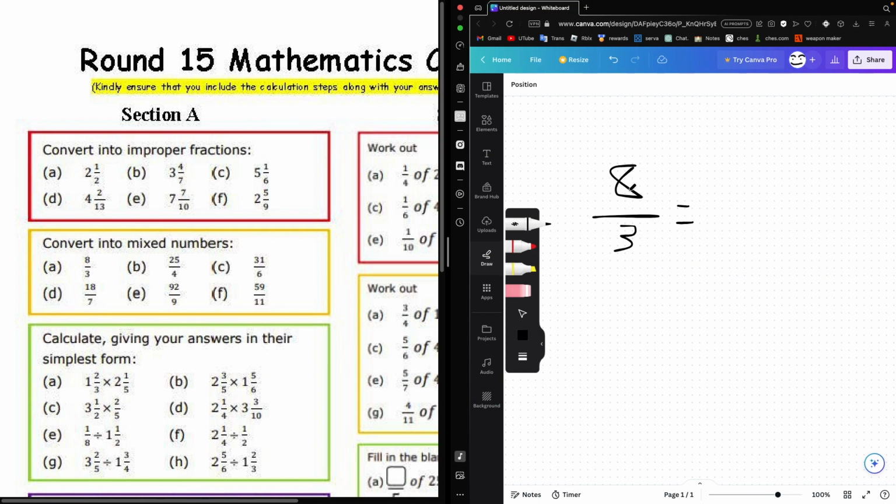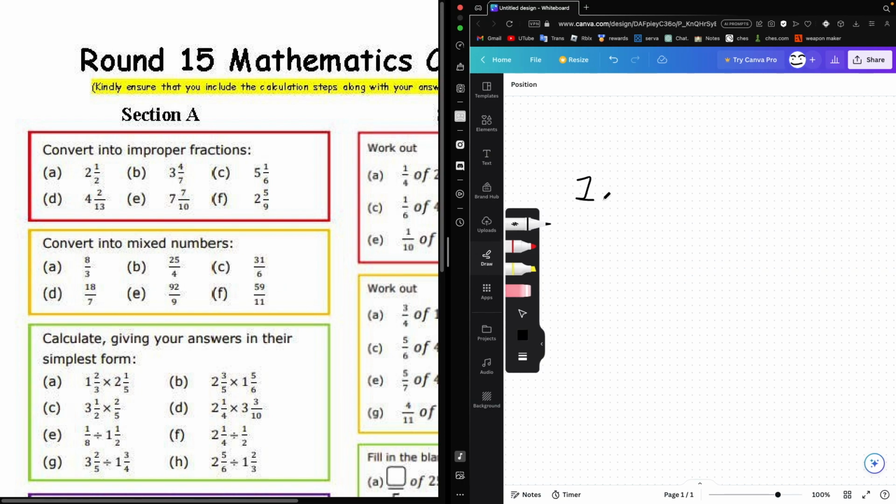You take 8 and divide it by 3, and that answer we put over here. So it will become 2, and we left 2 over here. The 3 must remain. Okay, now that we understand, we can speed run through the second box.